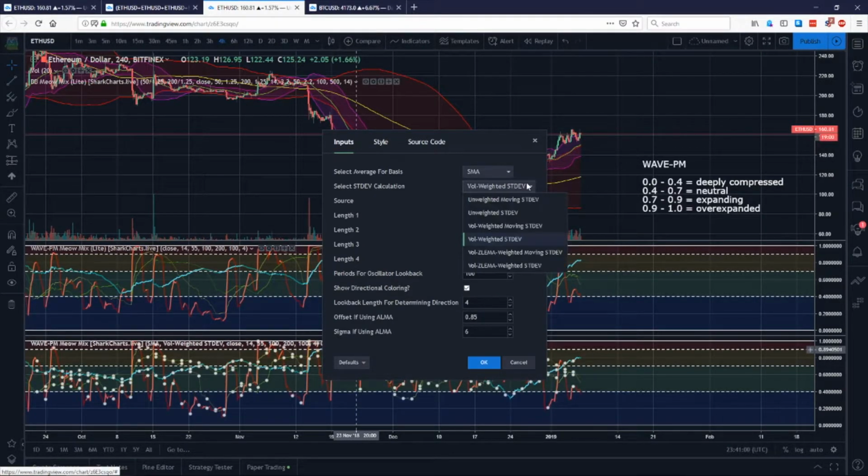One additional thing that's added are these unweighted, volume-weighted, and volume-weighted moving standard deviations. And though we don't use these regularly in the strategy taught on stream and by Dad Shark, they're here because I've seen other people interested in this and use it in their strategy.